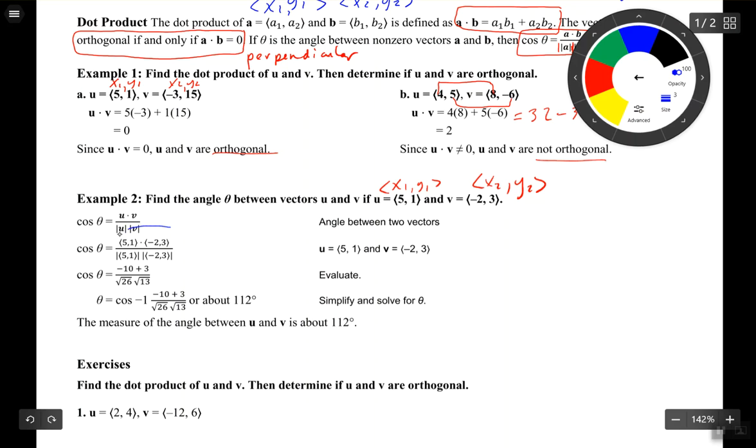That's this first part right here. So we're going to do the dot product, and that dot product, u dot v, is going to be equal to the x's multiplied. What are the x's multiplied? 5 times -2, right?